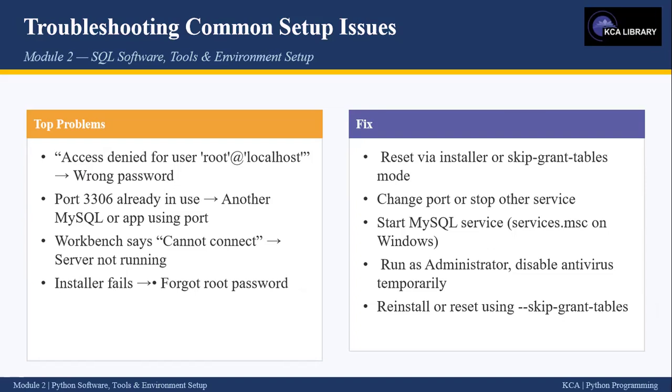Workbench cannot connect. Make sure the MySQL service is running. On Windows, search for services.msc. Installer fails. Run as administrator and temporarily disable antivirus. Forgot root password. Reinstall or use the skip-grant-tables method. When you get an error, Google the exact error message. 95% of setup issues have quick solutions online.